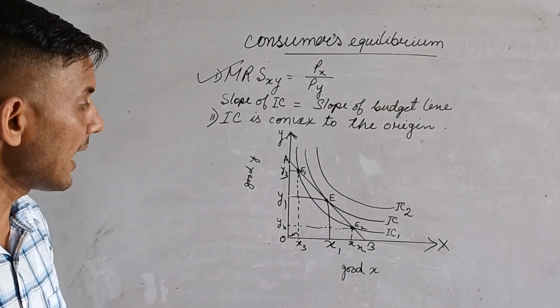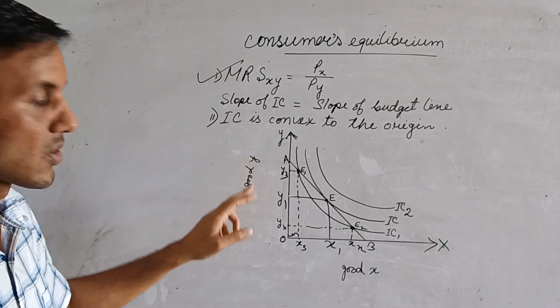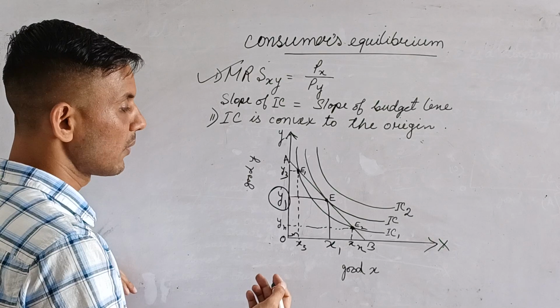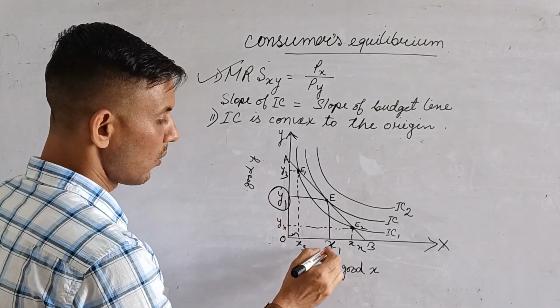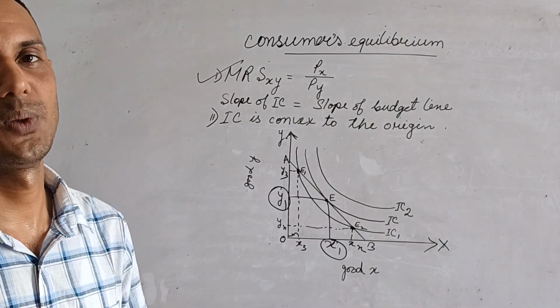Clear? That's why point E satisfies both conditions simultaneously. So E is the equilibrium point where the consumer will consume OY1 of Y good and OX1 of X good. This is the consumer's equilibrium.